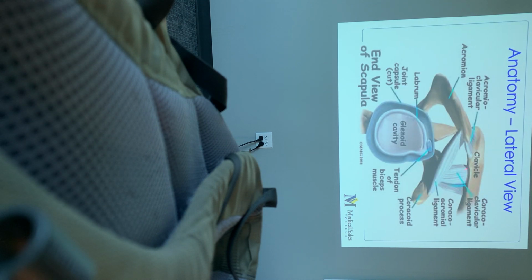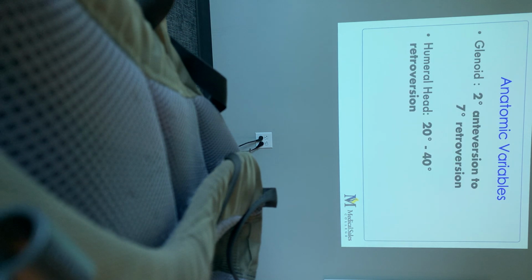In our anatomy, I think you understand the AC ligament, the coracoclavicular and coracoacromial ligaments, the labrum, the tendon of the biceps, and the joint capsule. The labrum makes the glenoid 50% deeper.